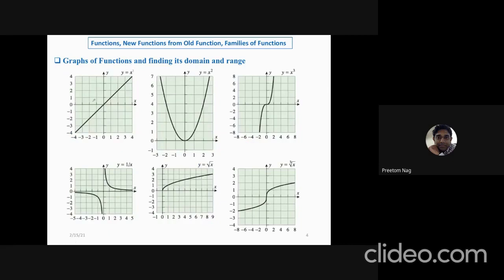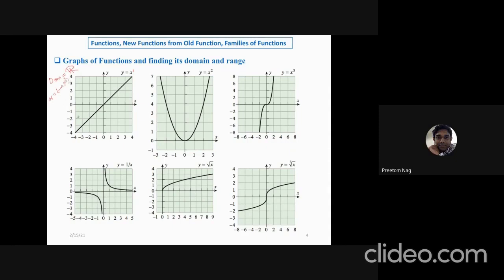So what is the domain for this function? The domain of f is all real numbers, minus infinity to plus infinity. In terms of set notation, we can write double-stick R, not R but double-stick R, or you can write it this way, which is minus infinity to plus infinity, and the range is the same, right?